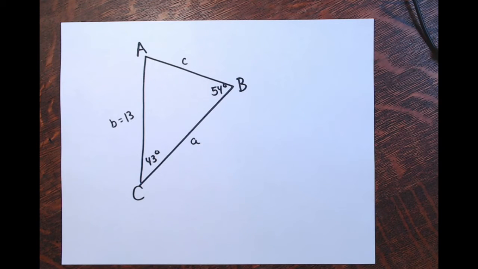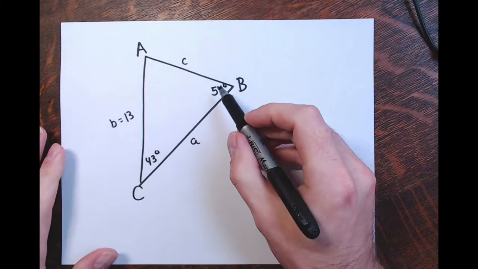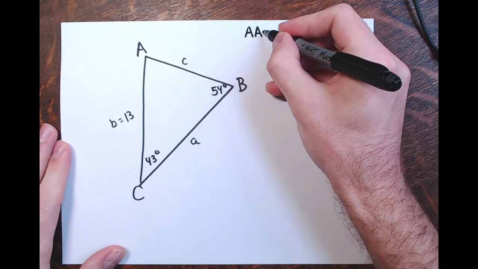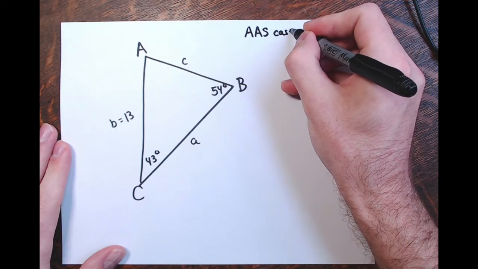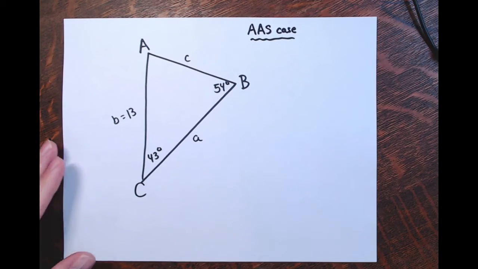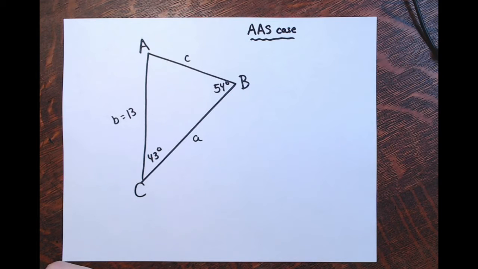Again, this is the AAS case, and in the AAS, ASA, or SSA case, we can apply the law of sines to try solving the triangle and find all the missing pieces.